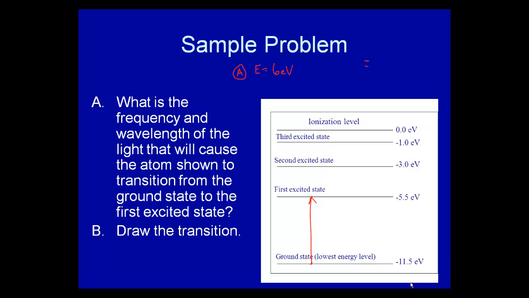So we have a photon coming in. The arrow going up means it's coming in. It's gaining energy from that photon. Now I'm going to say lambda is equal to hc over E, that 1240 number again, divided by 6 electron volts, 206.7 nanometers for the wavelength of light.